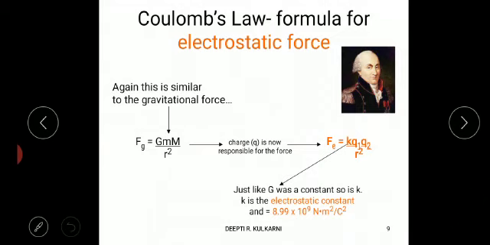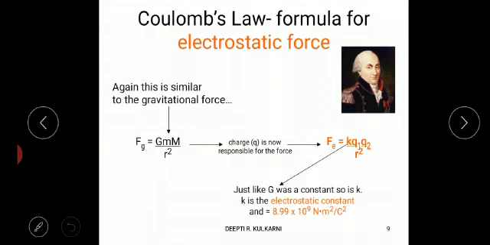So here Coulomb applied the same law between two charges. According to him, electrostatic force of attraction or repulsion is directly proportional to the product of the charges and inversely proportional to the square of the distance.